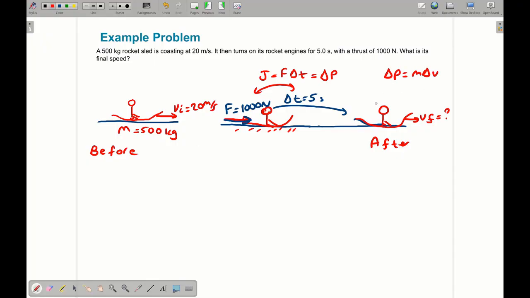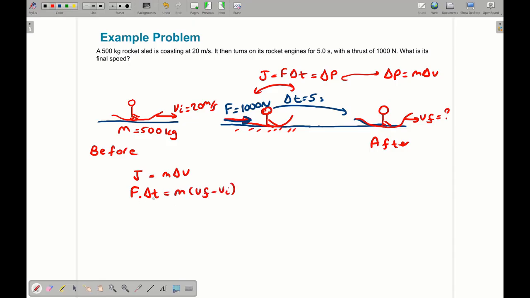I put down all my knowns. I did some thinking about the physics. So I look at what I'm asked to find, the final speed. J is equal to M delta V. What is J? Force times delta T is equal to mass times V final minus V initial.